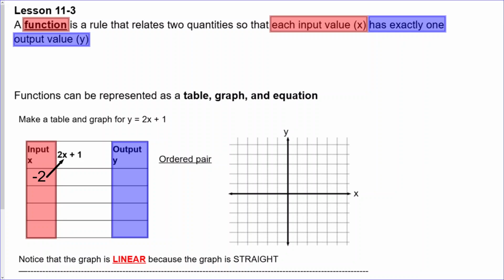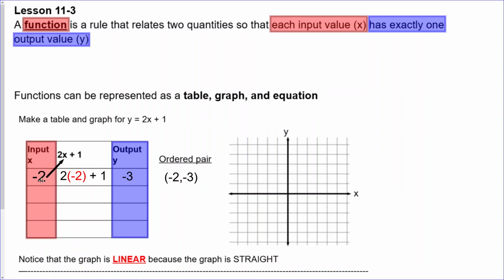In this case, it's an x. So that x right here became a -2, and we use our order of operations to work our way through it. So 2 times -2 is -4, and then -4 plus 1 is -3. So our output is -3. Again, our input is -2, that's what we put into it, and our output is -3.